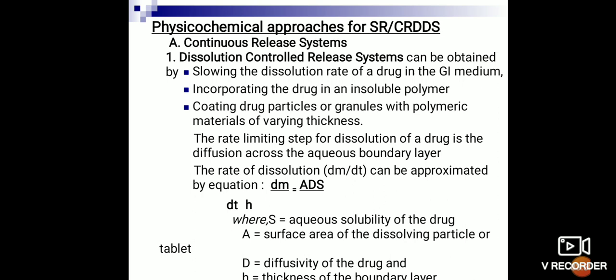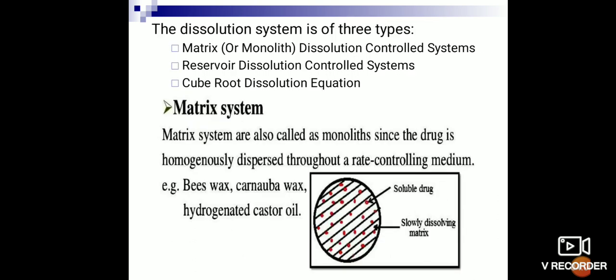The rate of dissolution can be approximated by the equation dM/dt = ADS/h. Here S is the aqueous solubility of the drug, A is the surface area of the dissolving particle or tablet, D is the diffusibility of the drug, and h is the thickness of the boundary layer.